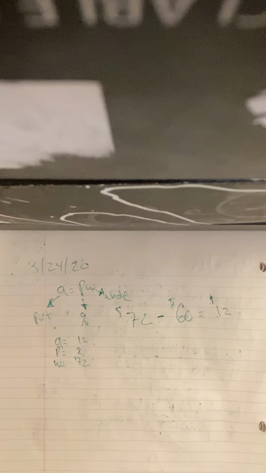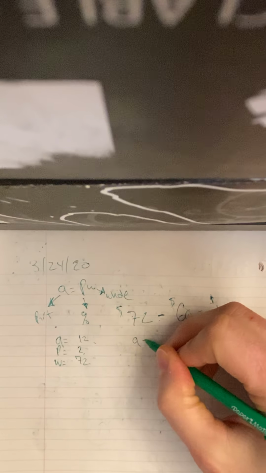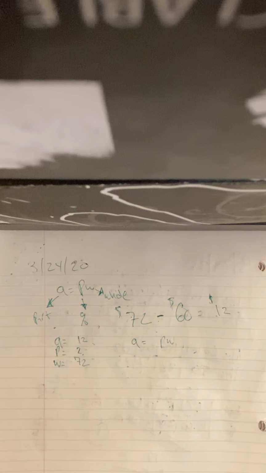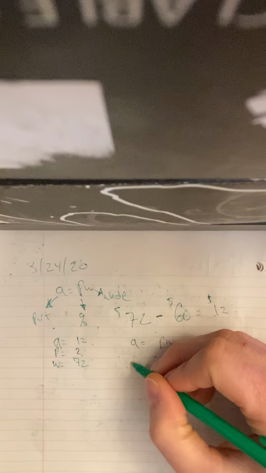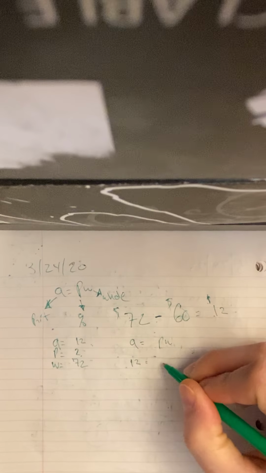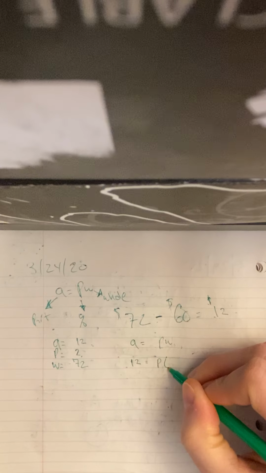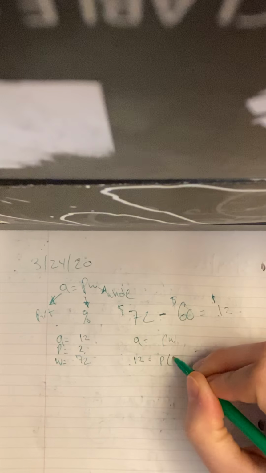So now all you got to do is set up your equation. A equals PW, right? Just plug them in. So 12 equals P times 72.